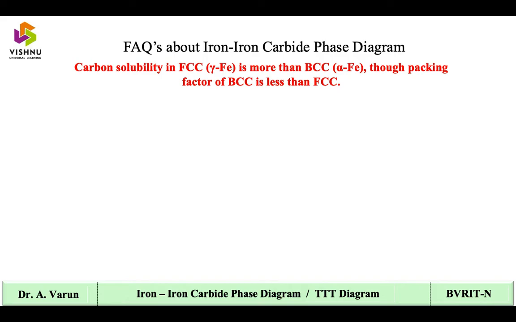Then coming to the next one, this is very important. Here we have the carbon solubility. It's quite interesting to see that for this iron carbide phase diagram, you have allotropy. So you have three forms of phase transformations at different temperatures: delta iron, gamma iron and alpha iron, where delta iron is BCC, gamma iron is FCC, and alpha iron is again BCC.